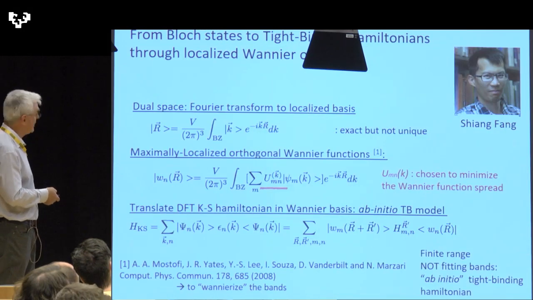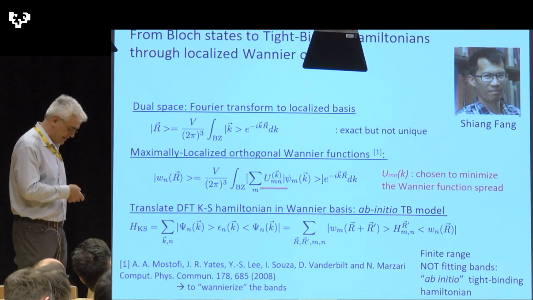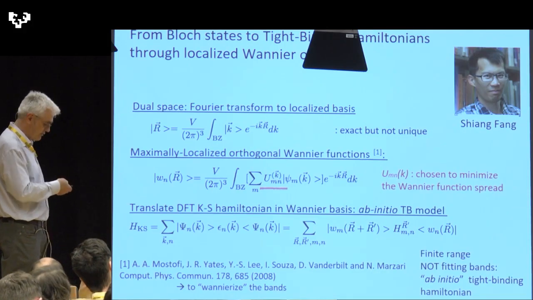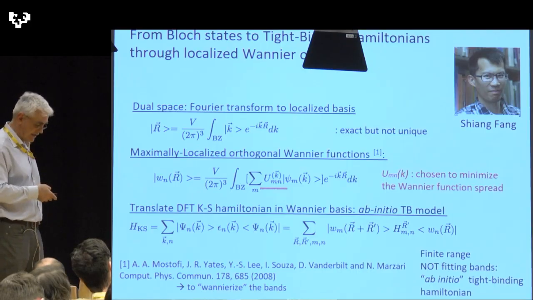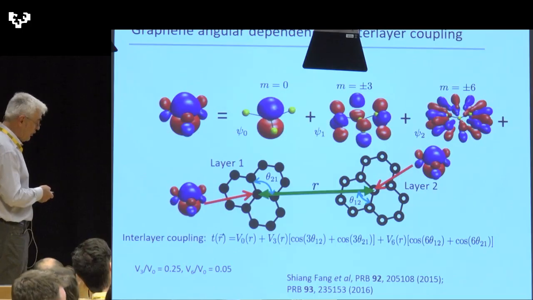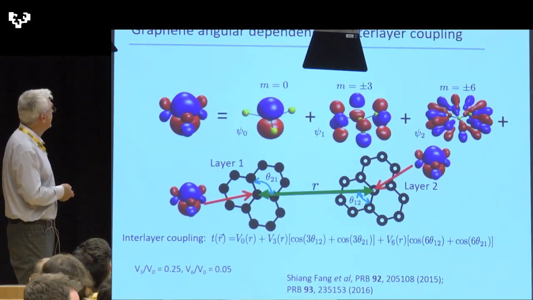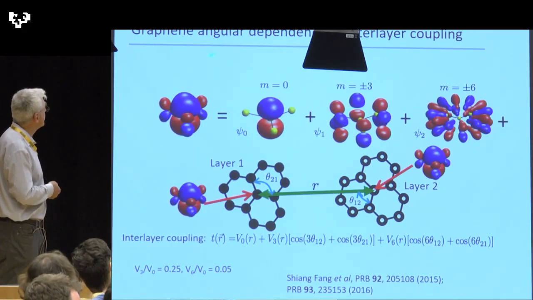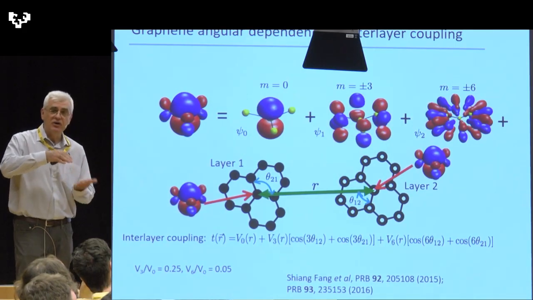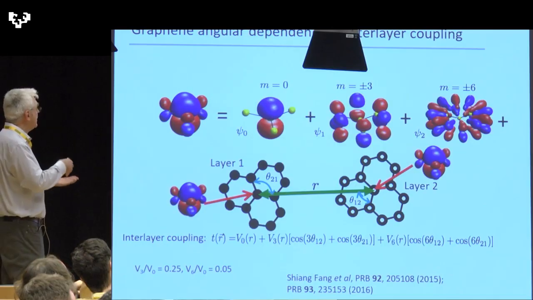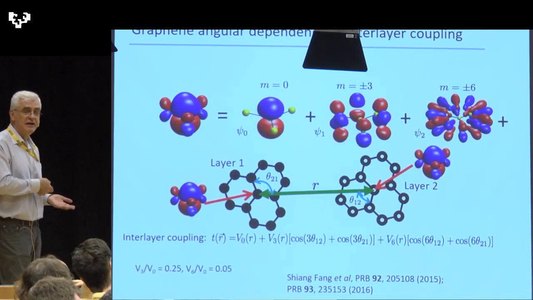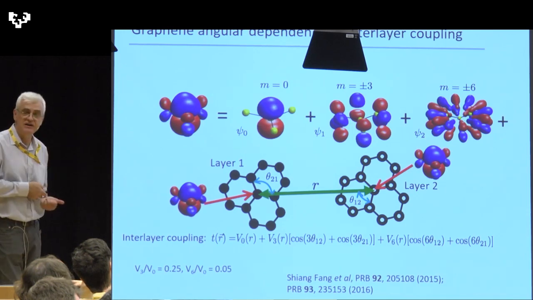By the way, I should mention that my student Chang Fang is the one who carried out this work, and we published a series of papers with all the appropriate parameters, including the dependence on strain and so on. One interesting thing that we discovered is that there is an angular dependence of interlayer coupling in graphene, and you can capture that by looking at the appropriate Wannier orbital for graphene, which is not a simple PZ orbital.